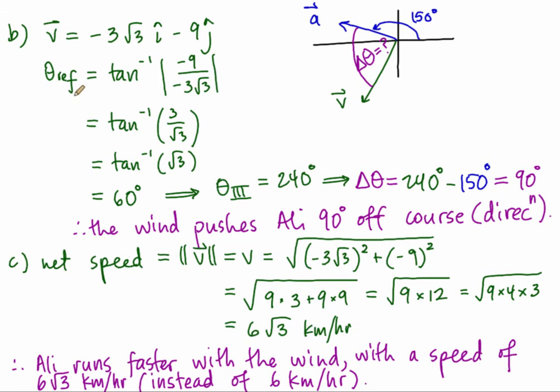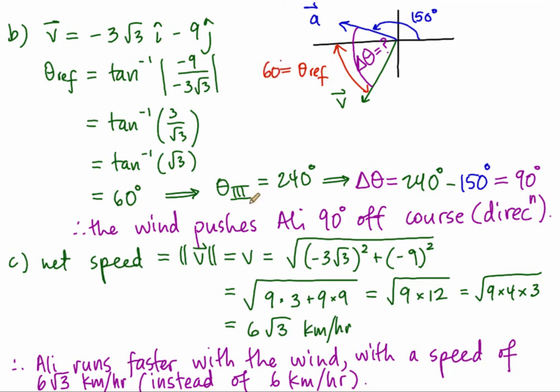In part B, we are working out the direction of the resultant vector. So we first get the reference angle measured from the net vector v to the nearest x-axis. So this is the reference angle that we are working out here. And we get tan inverse of the absolute value of delta y over delta x, which gives us 60 degrees. So this red angle is 60 degrees.